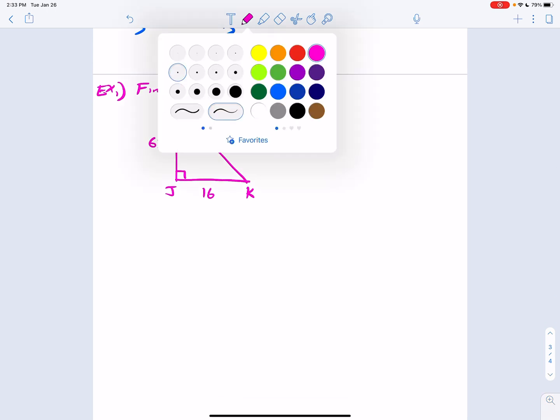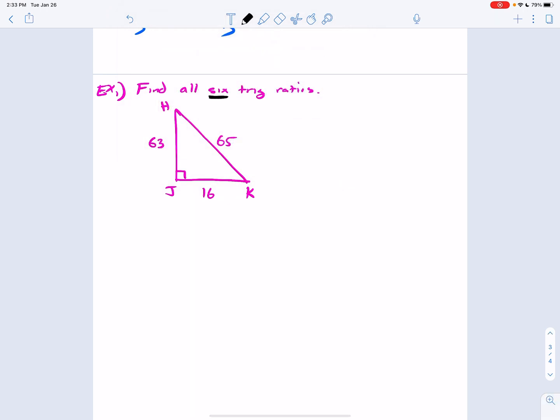The directions here are that we want to find all 6 trig ratios, so you want to put them in order. I go sine, cosine, leave a little bit of space, tangent. And I'll put little placeholders for them.